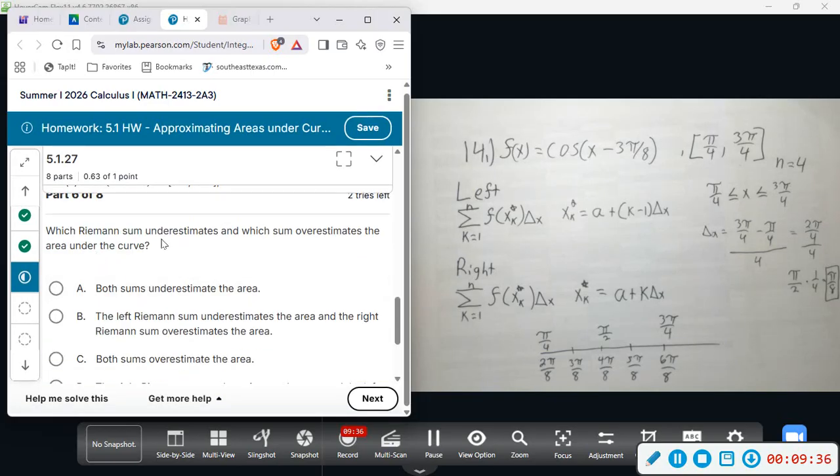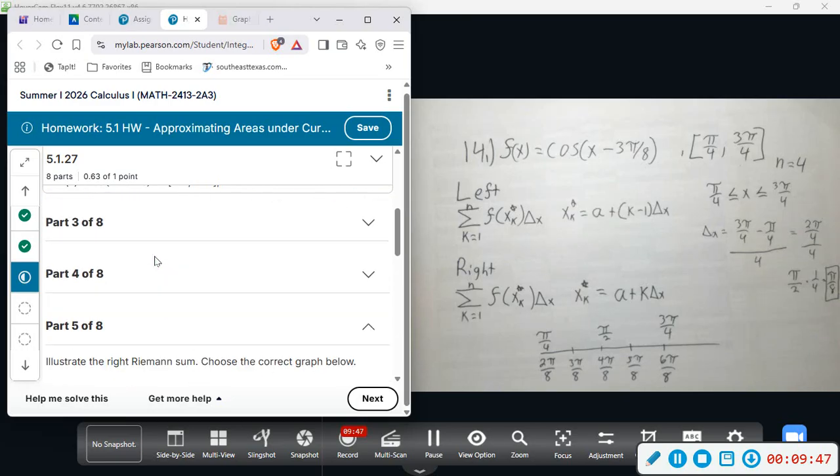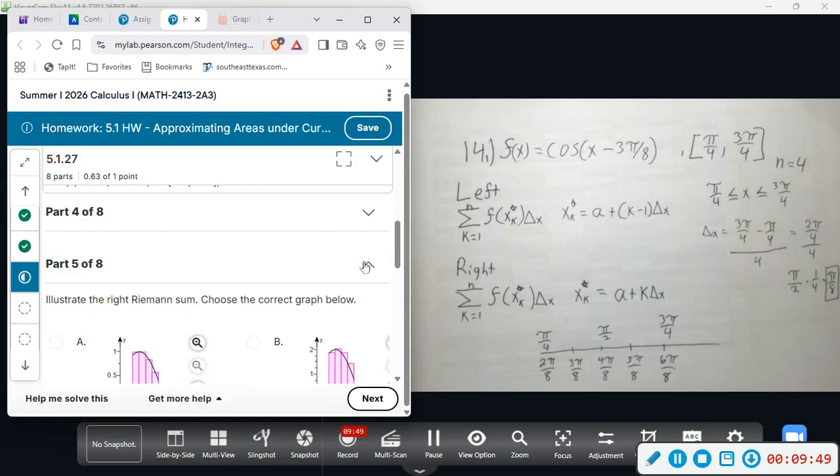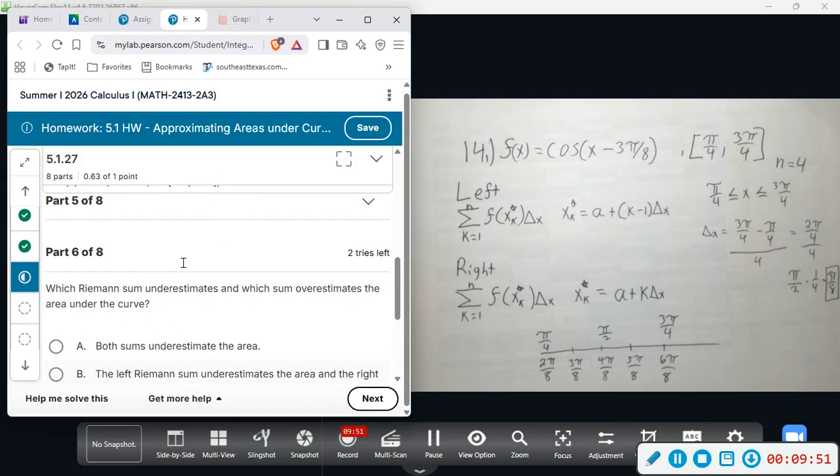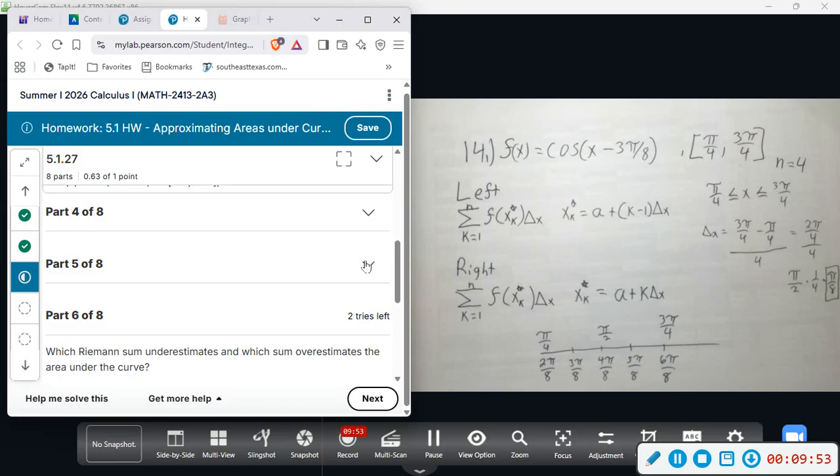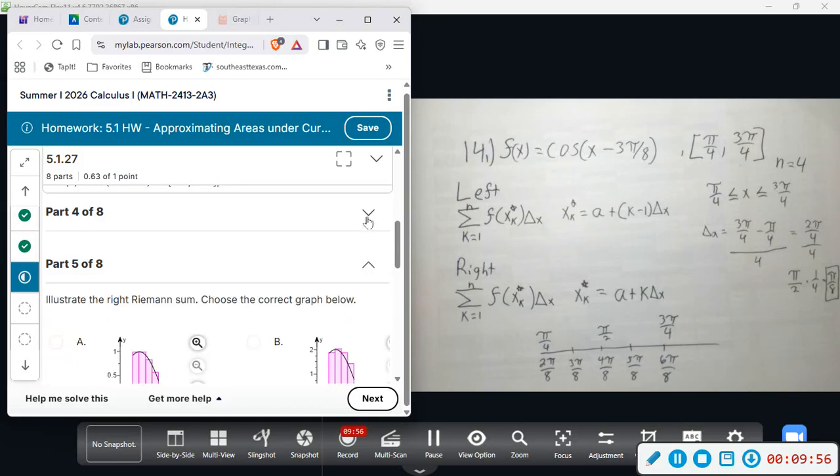Okay, so now we want to know which one underestimates and which one overestimates. Since this is a decreasing function, the left Riemann sum, as we could see up here, this is this part.